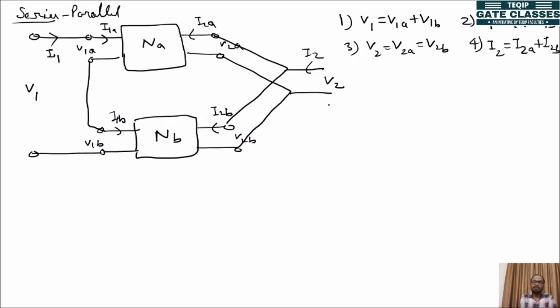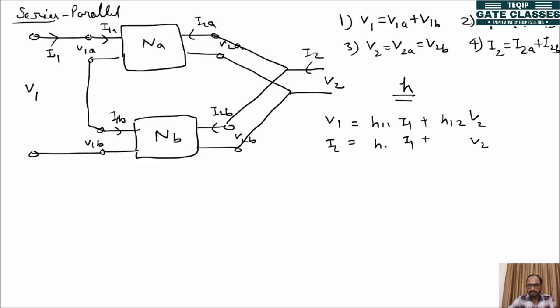Here, H parameter will be very convenient for us to use. How? In H parameter we know that V1 and I2 will be functions of I1 and V2.